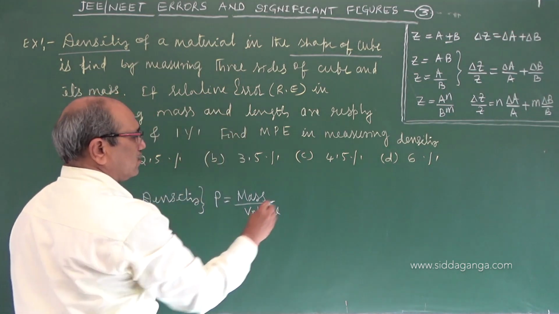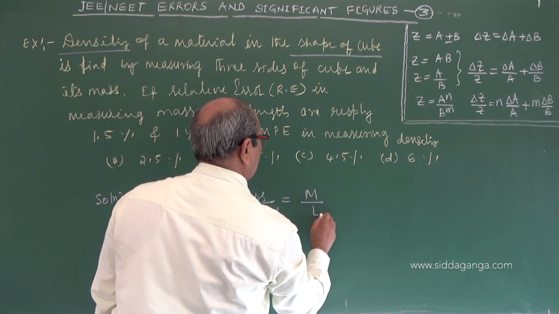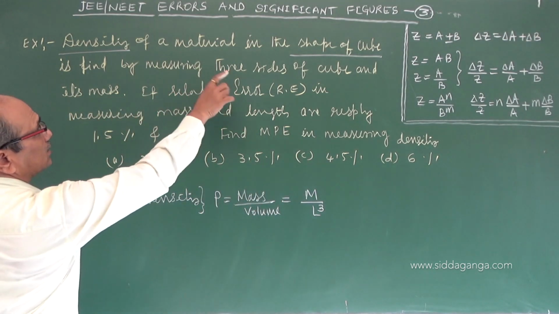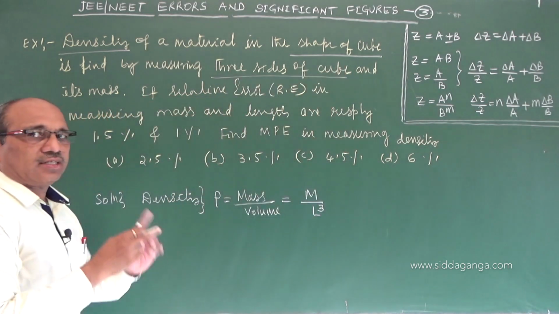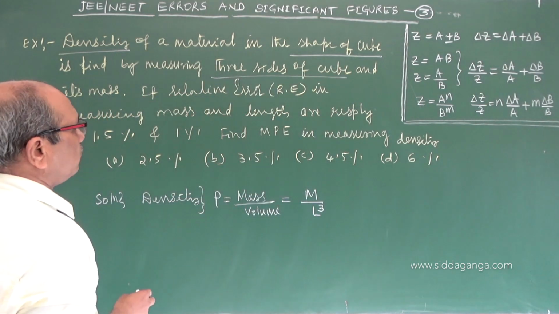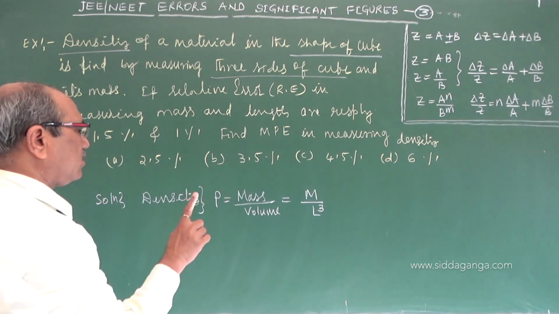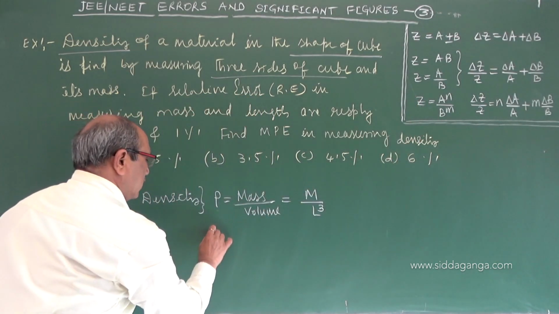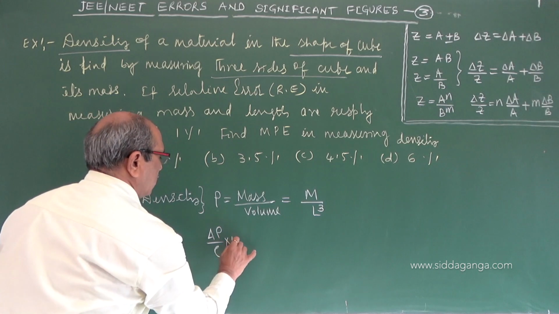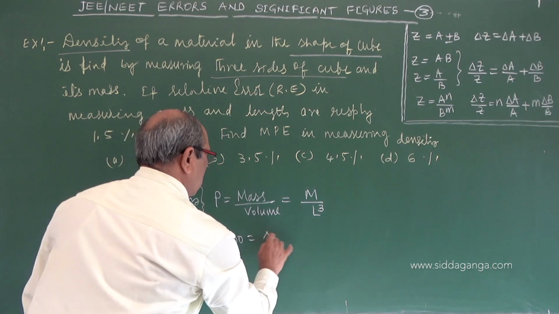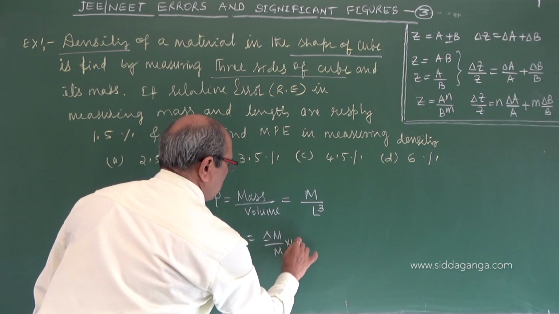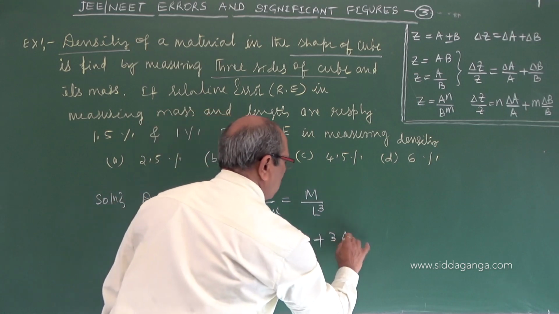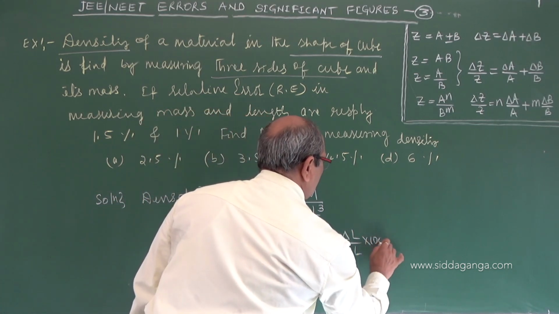Therefore I can write it as m by L cube, because they measured mass and the sides of the cube. Then they are asking about the percentage error. Using this relation, I can write delta rho by rho into 100 is equal to delta m by m into 100 plus, since it is L cube, 3 into delta L by L into 100.